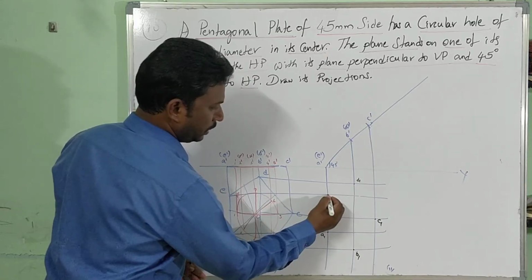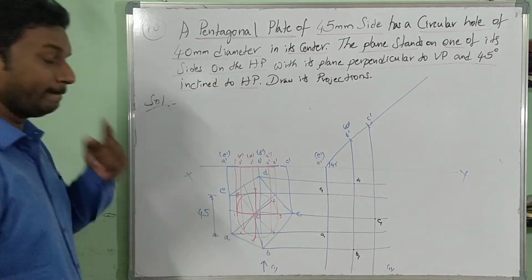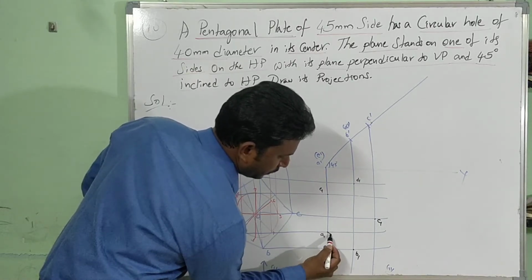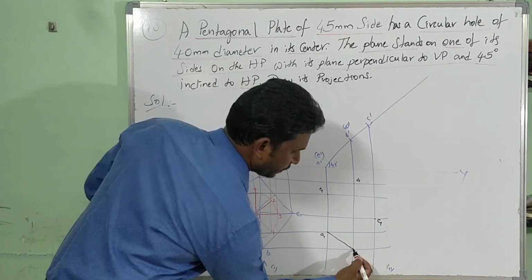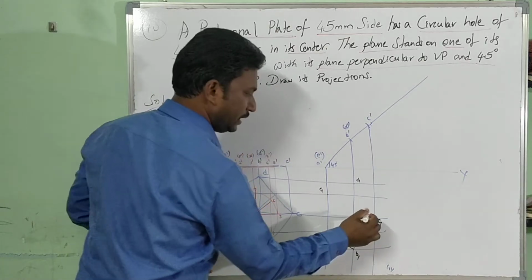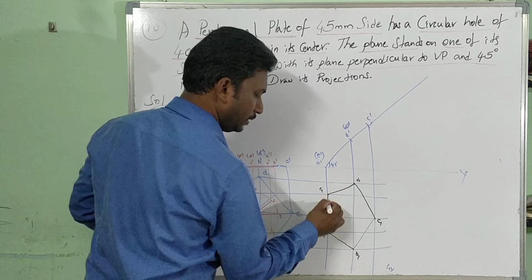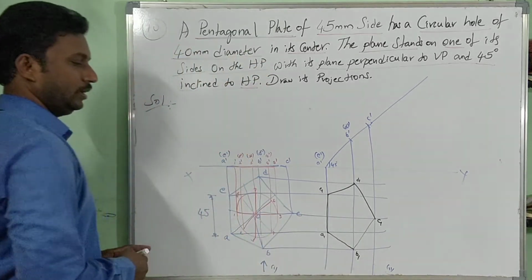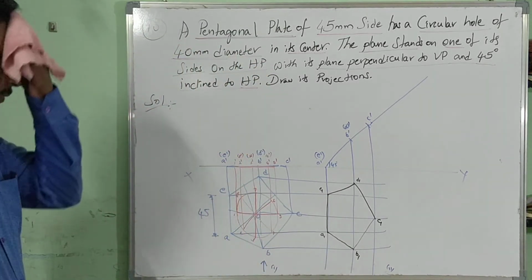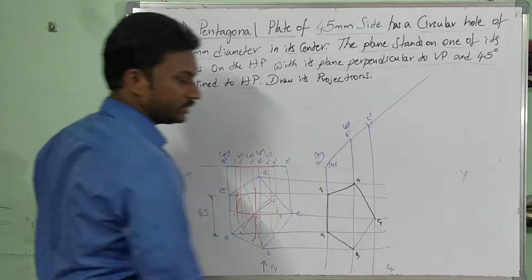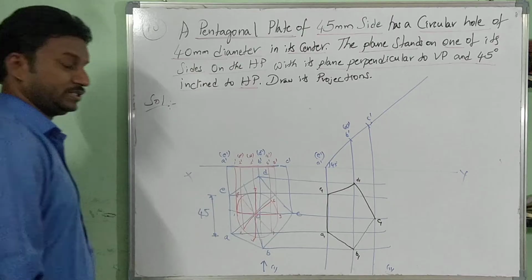Now E to E1. After picking the points, just try to join AB, BC, CD, DE, and again E to A. You can observe the pentagon which is diminished. I hope you all understand the pentagon is diminished.